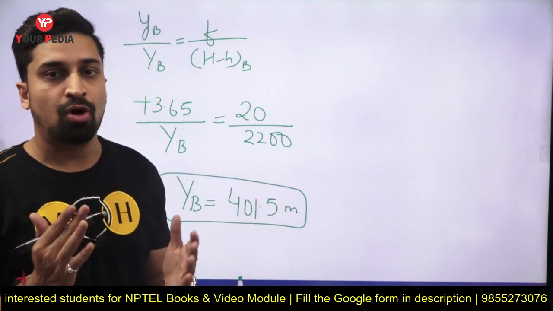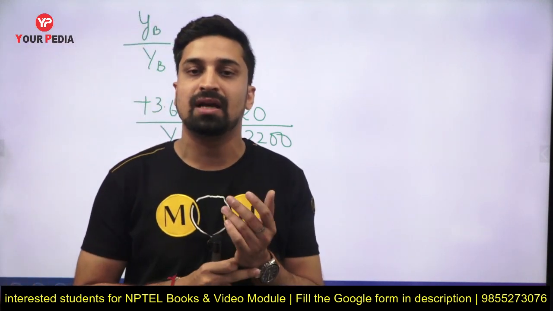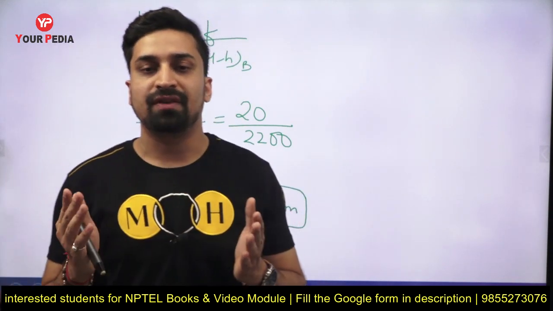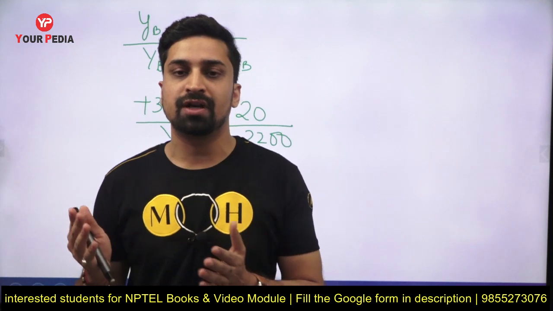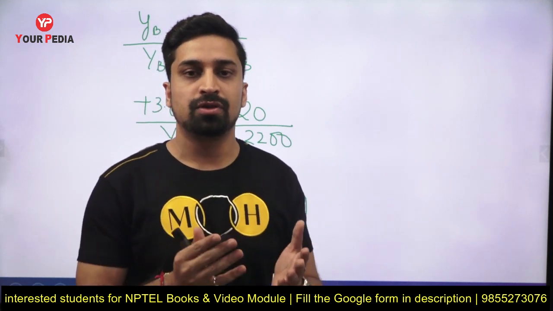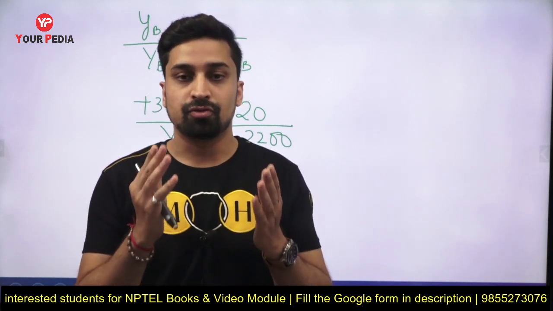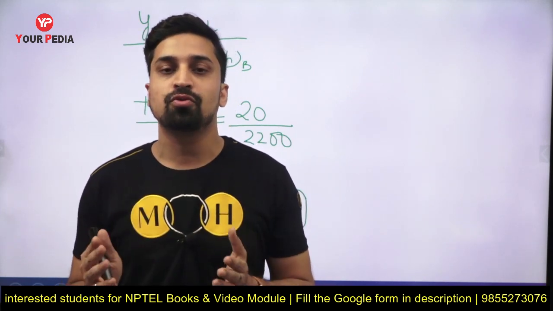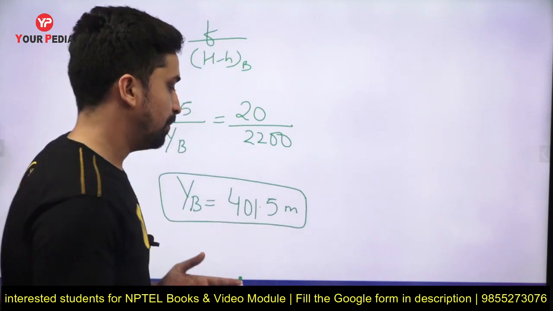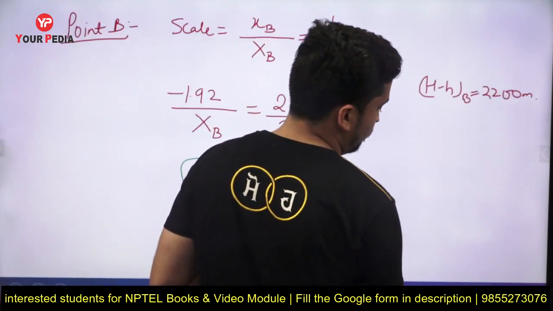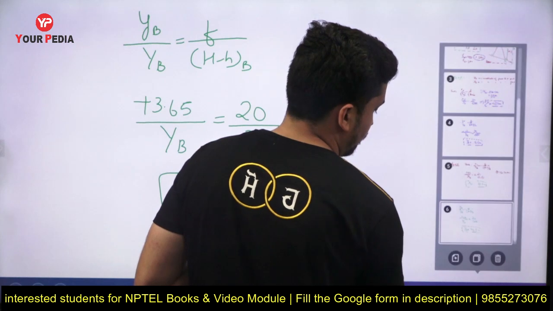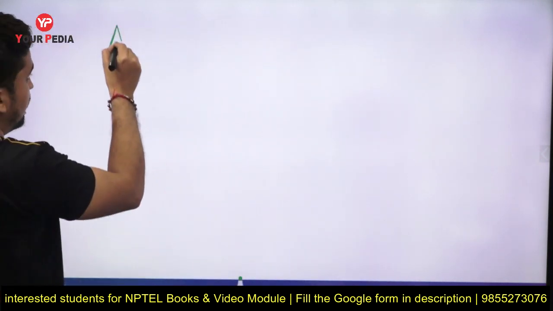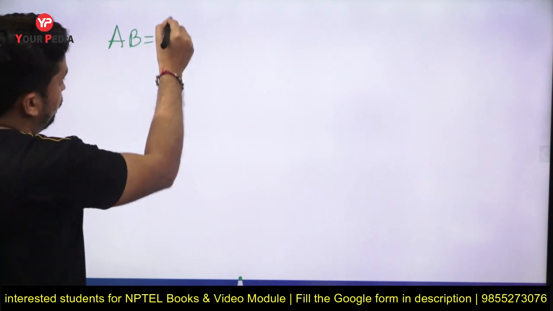So now you have calculated the x and y coordinates of both the points A and B, and now all you need to do is calculate the length of the line AB on the ground, and that length we can easily find using coordinate geometry in 2 dimensions. So the length of the line AB will be equal to root of x2 minus x1 whole square plus y2 minus y1 whole square.